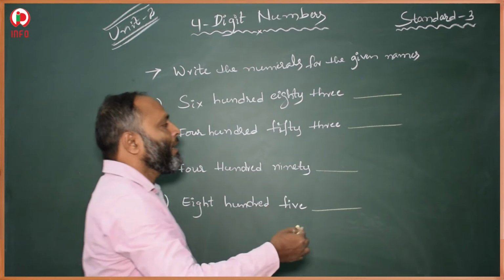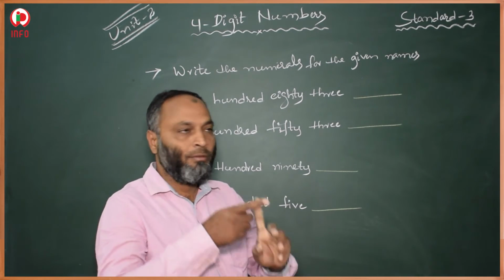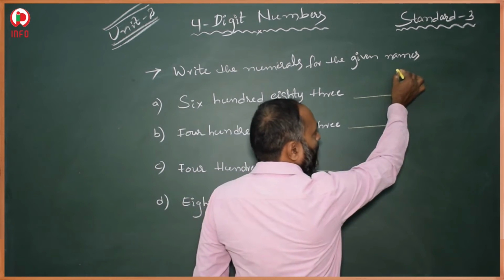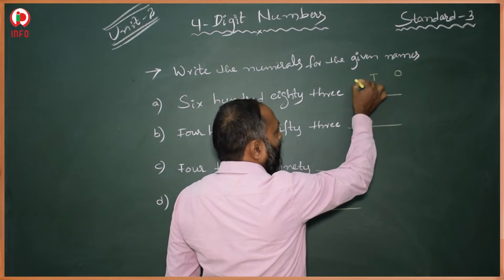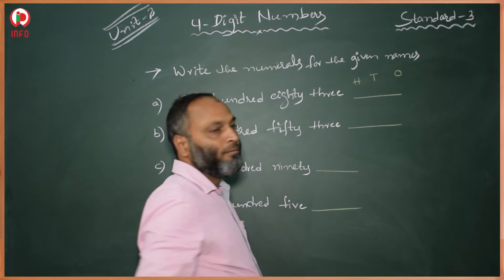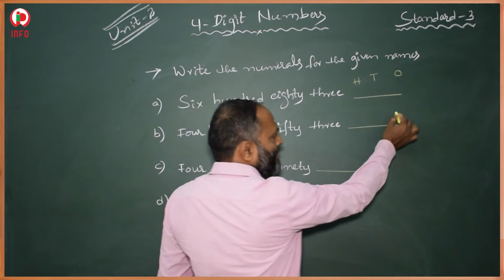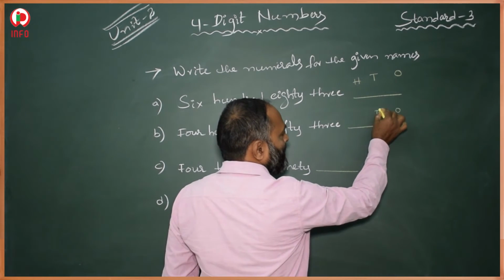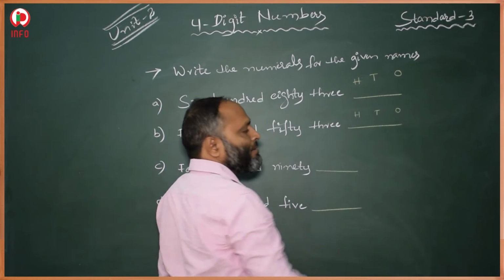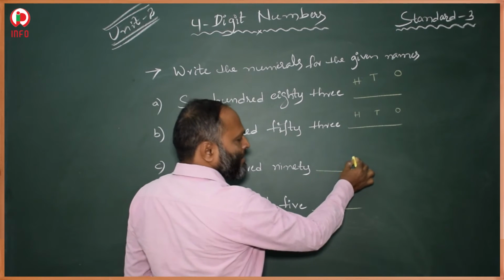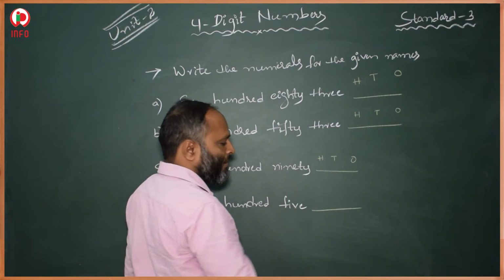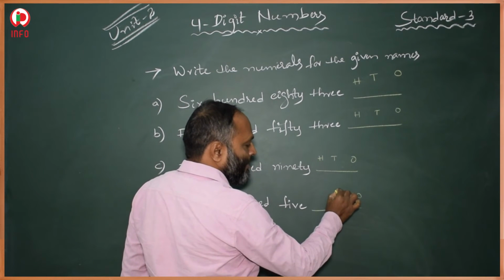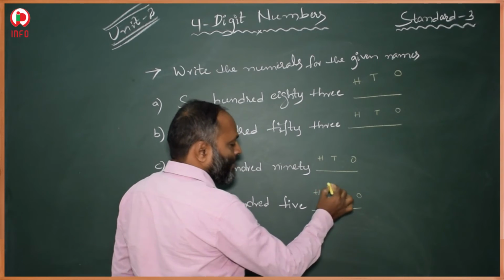When 3-digit numerals are given, first we have to write ones place, tens place, hundreds place.